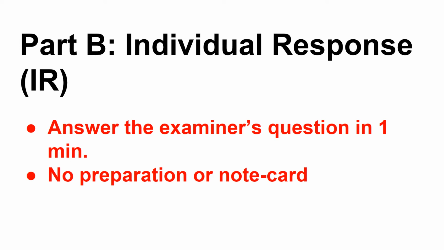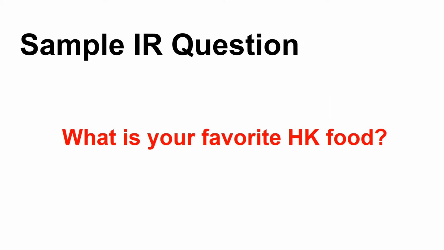We will practice how to give an organized answer to the examiner's question. For example, if the examiner asks you this question, what is your favorite Hong Kong food? So how should you answer this question in 1 minute?